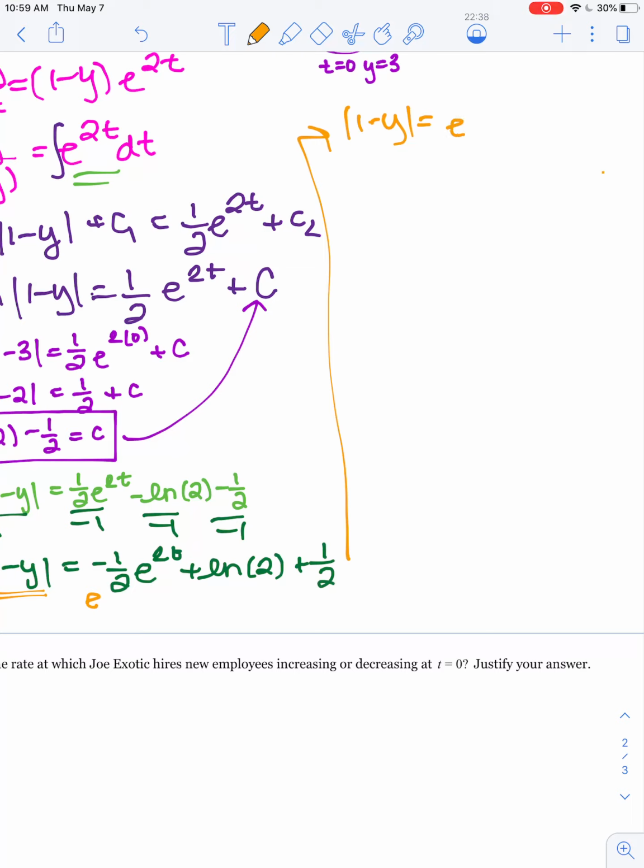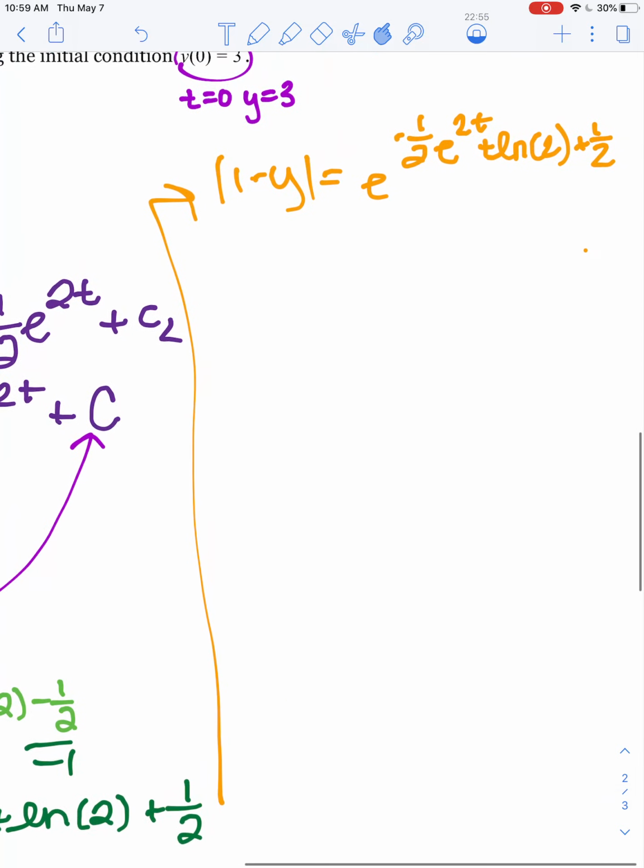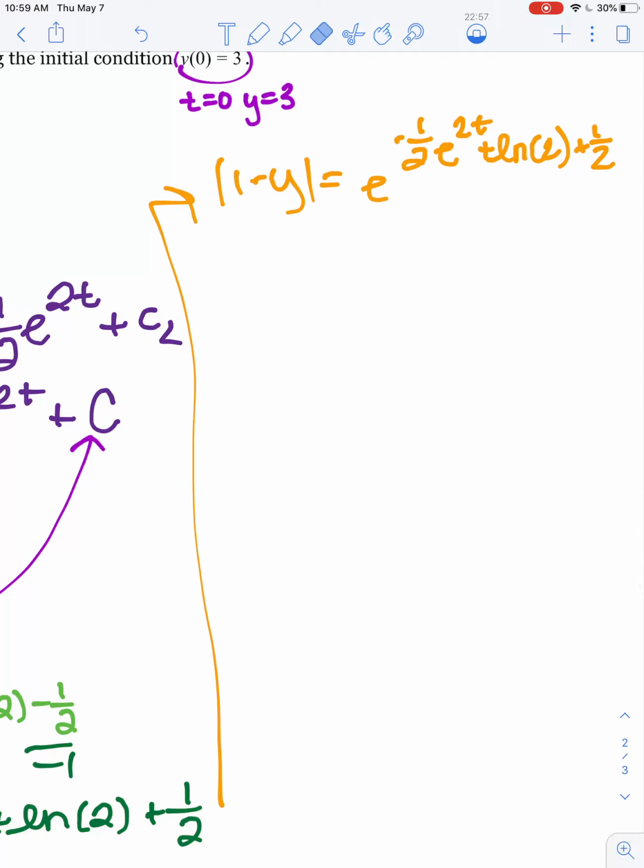So we have e, and then up in the exponent, we have everything, negative 1/2 e to the 2t plus natural log of 2 plus 1/2. Okay, so all of that is hanging up in the exponent. It's kind of messy and a lot to keep track of, but you're just going to hold fast to your algebraic rules, right? You know that when you raise both sides to e, you need to include all of those terms into the exponent.